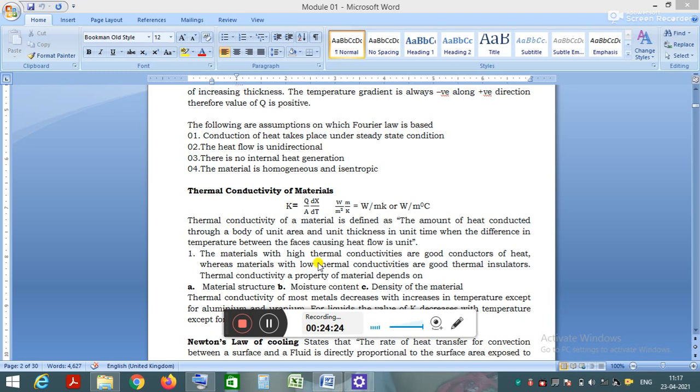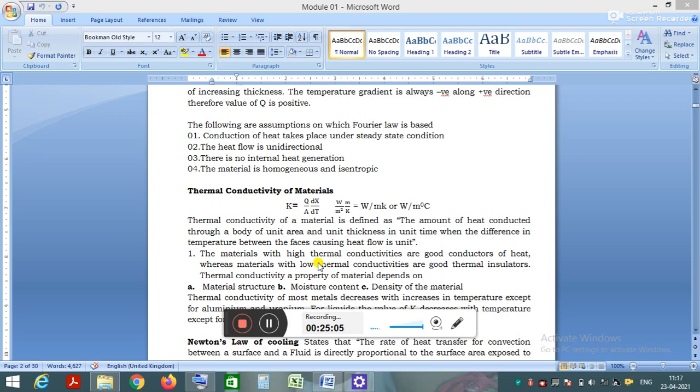That means if a material has higher thermal conductivity, it allows the maximum amount of heat to pass through it, whereas the materials with low thermal conductivities are good thermal insulators. High thermal conductivity means they allow the heat to flow through it.